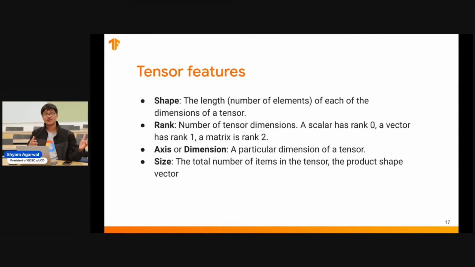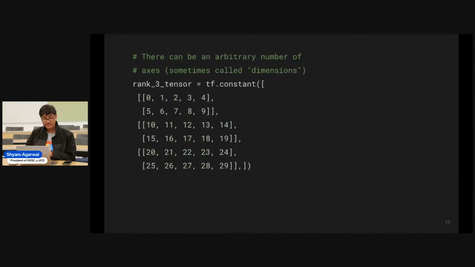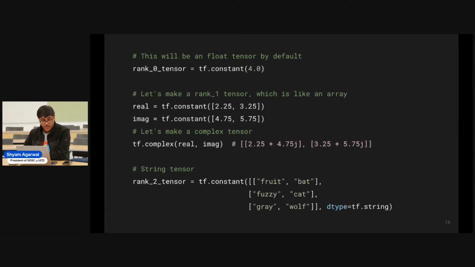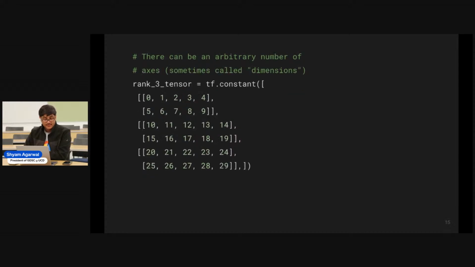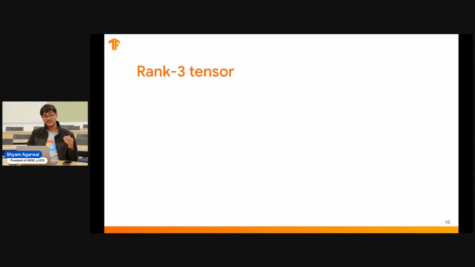A scalar, as we saw earlier, has rank 0, a vector has rank 1, a matrix has rank 2, and so on as we get into higher dimensional tensors. Axis or dimension refers to that particular dimension of a tensor. So if I come back to our example of a rank 3 tensor, this is one dimension, then there's another dimension, then another dimension. And in each of these dimensions, there is a fixed number of elements.